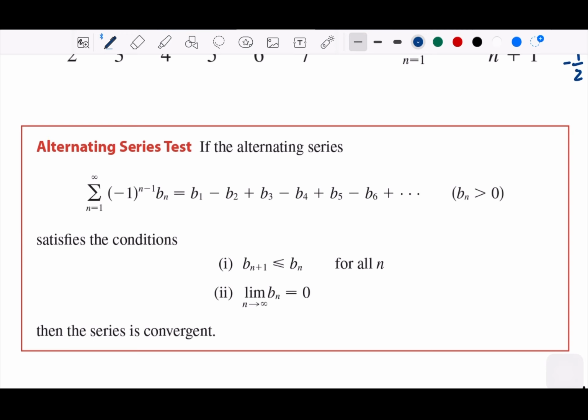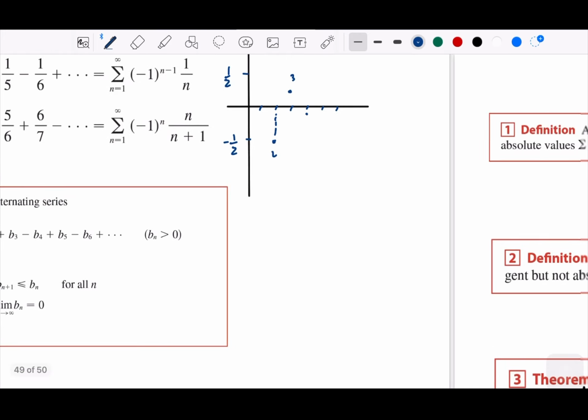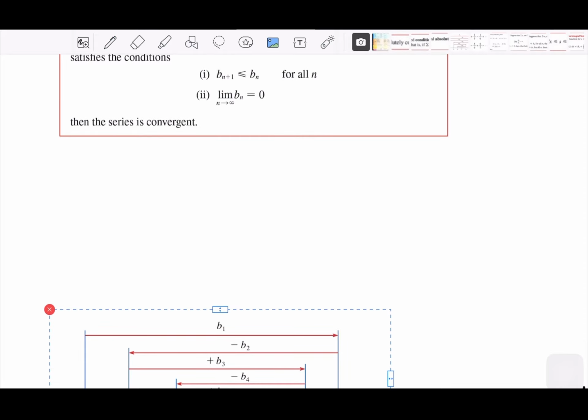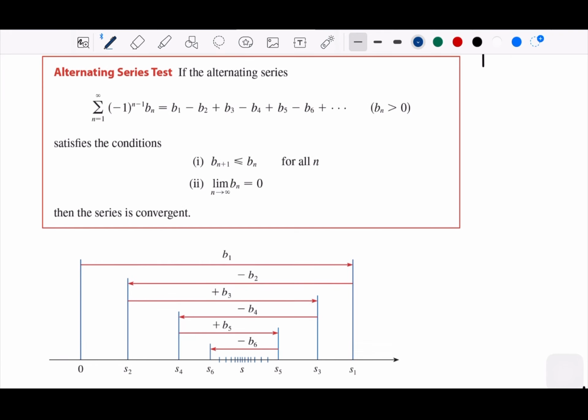We are going to have more discussion on this next week, and perhaps this picture can help you look at it. Okay, we'll just stop here.